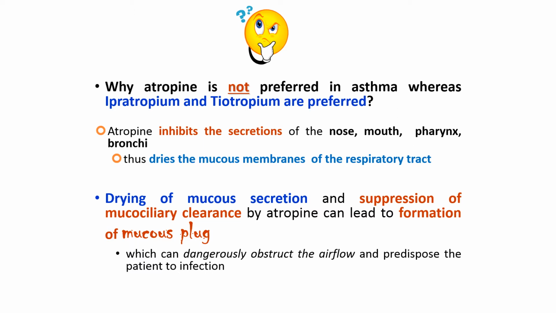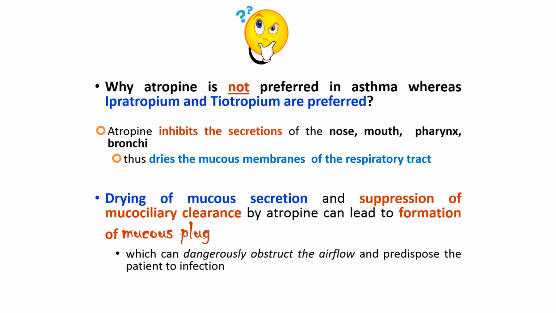So one aspect is that atropine is a tertiary compound and can lead to systemic side effects. The second aspect is that atropine non-selectively inhibits the respiratory secretion. The third aspect is that atropine will also suppress the mucociliary clearance.